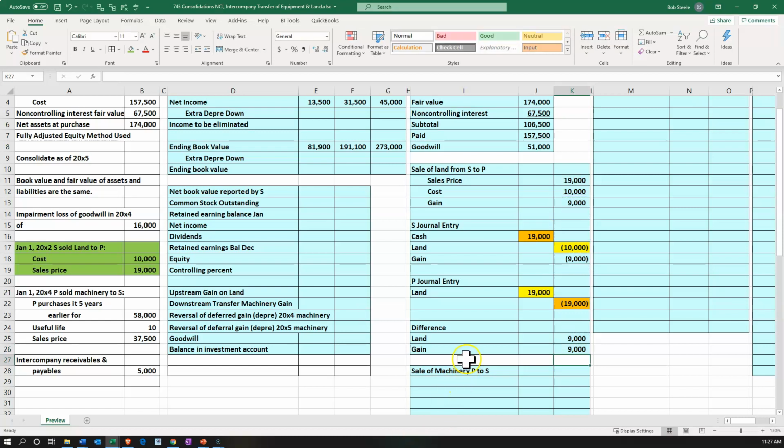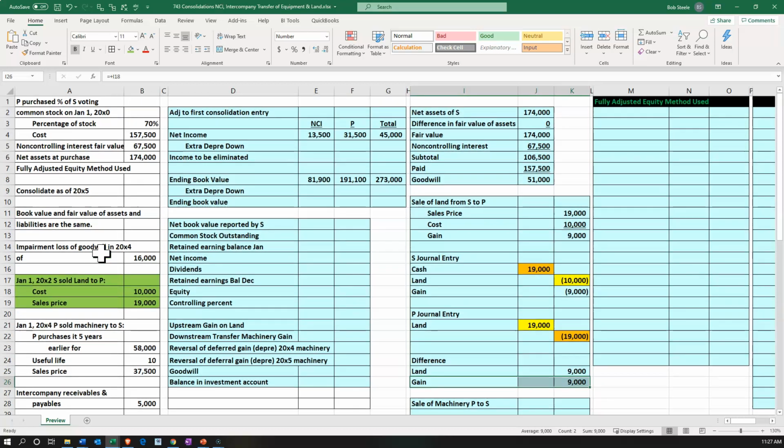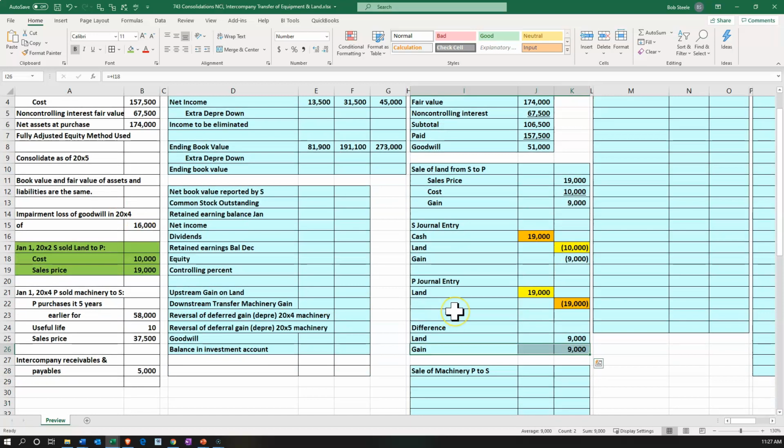So if you distill it down, that's kind of what the reversal should be. Now note that this gain happened in the year of sale. So it's recorded on S's books in the year of sale, which was 2000x2, and we're doing the consolidation now as of 2000x5. So that gain has rolled into retained earnings on S's books.